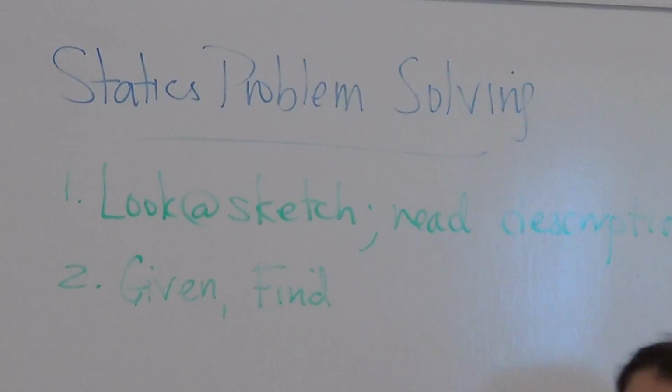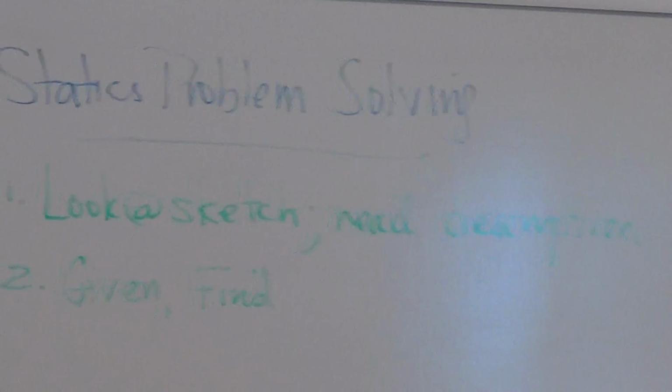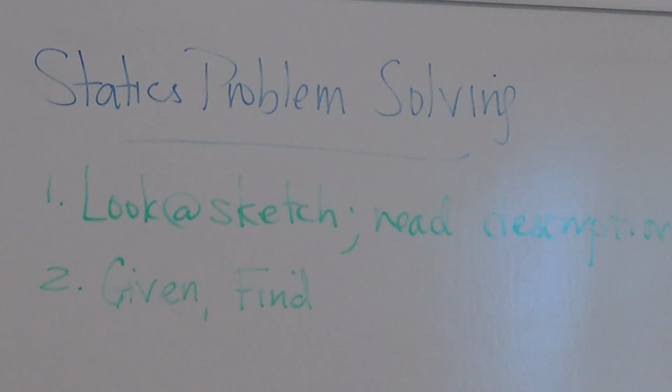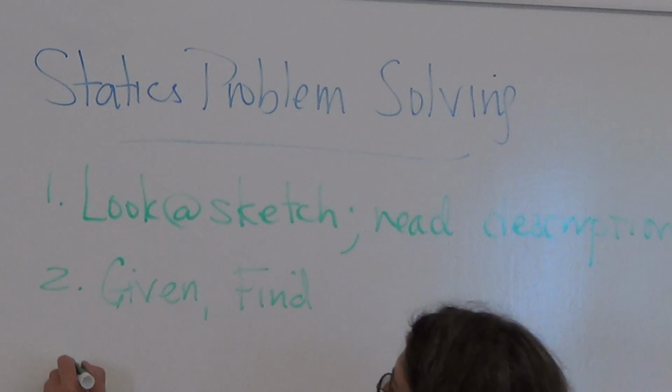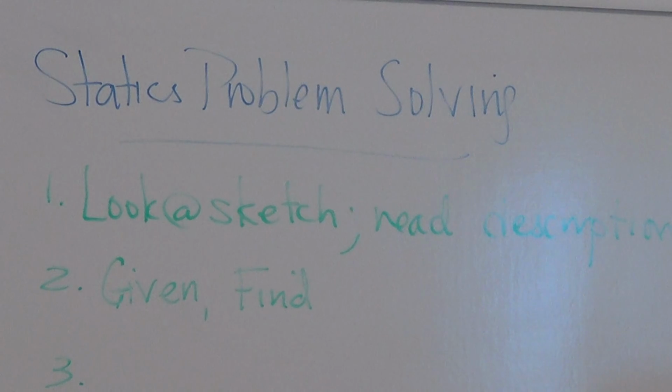You don't have to write this down, okay? Don't write this down. I'm going to show it to you. What's the next thing we do? The knowns and unknowns? We tried to figure out what the knowns and unknowns were, right?